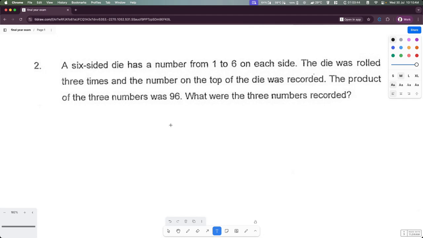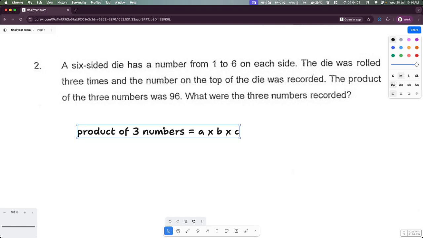Product means what times what is equal to what. So the product of 3 numbers is basically A times B times C. So these are the 3 numbers.